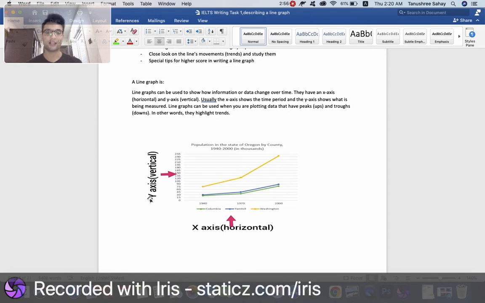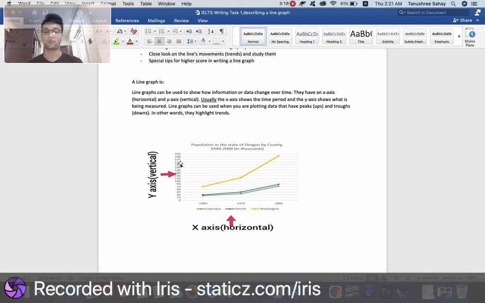So on the horizontal axis, there are almost always numbers, and it mostly represents the years between which an item or something is being measured.